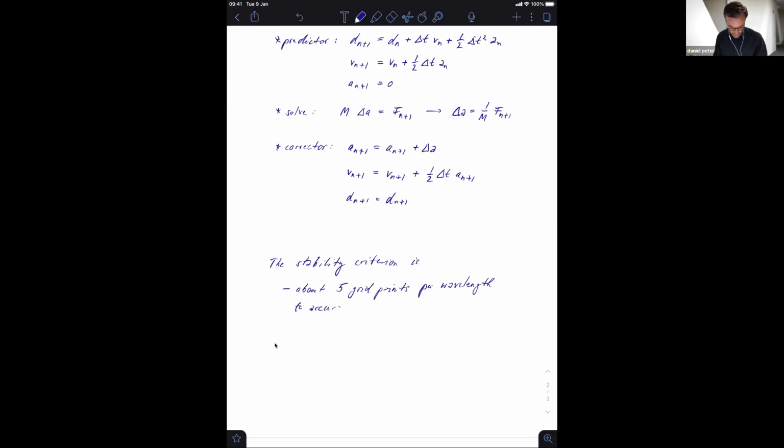Like to accurately resolve the given wavelength. And this, at least if we're talking about a fourth order scheme.